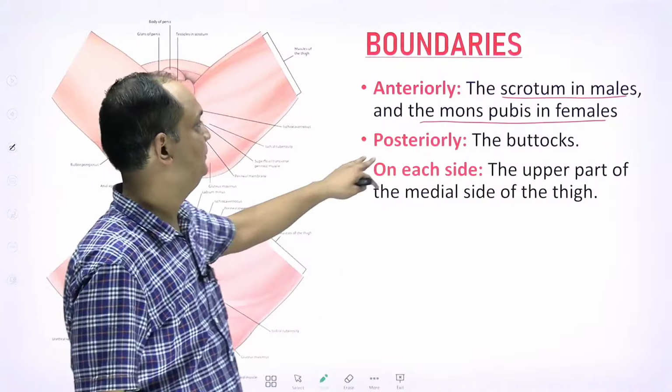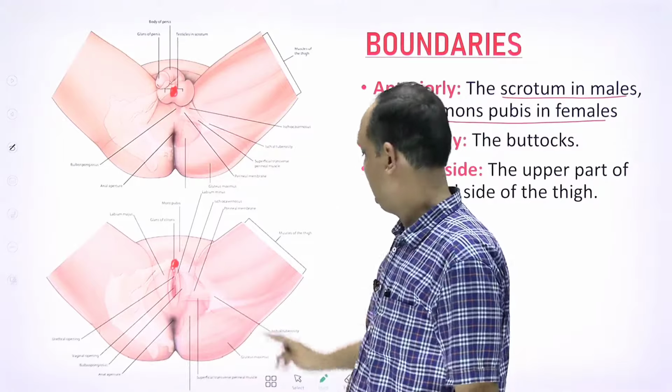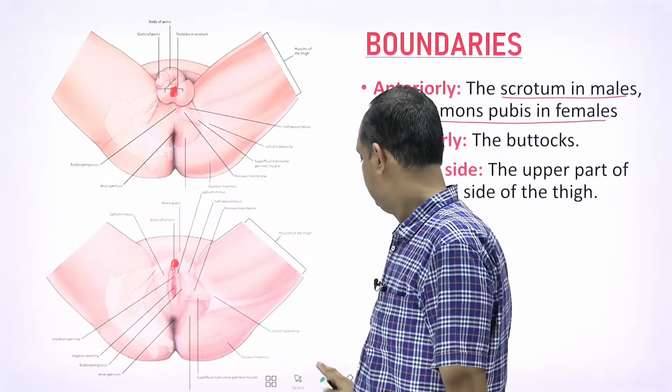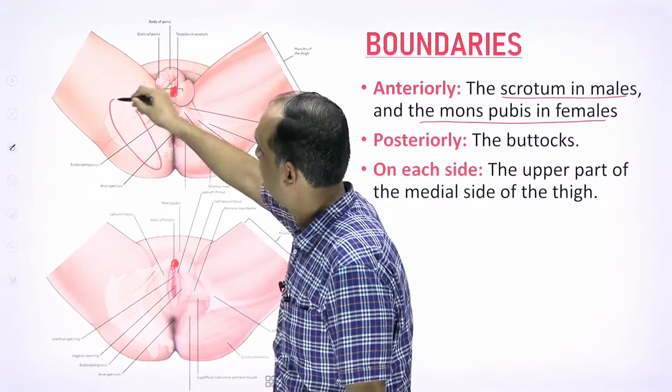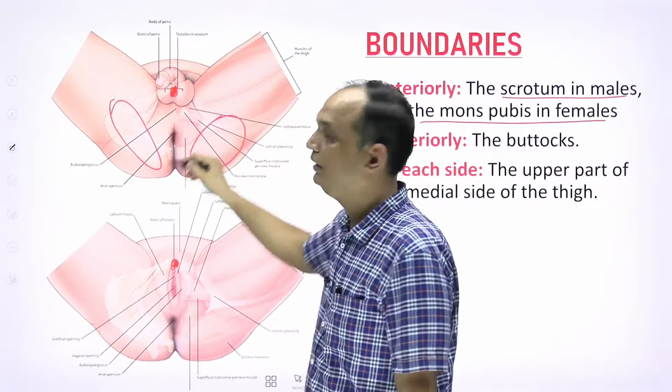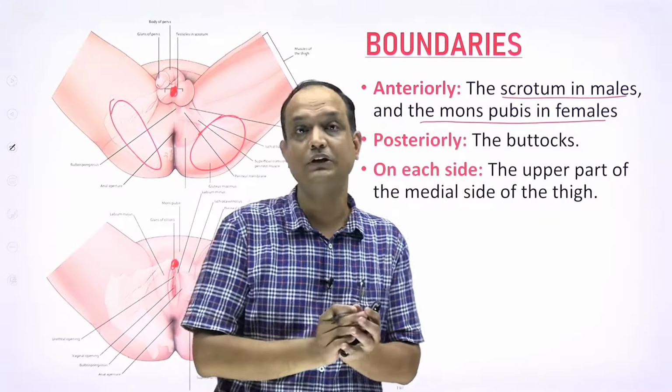Then posteriorly you have the buttocks. These buttocks demarcate the sides, overlapping your ischial tuberosities and the sacrotuberous ligament posteriorly.